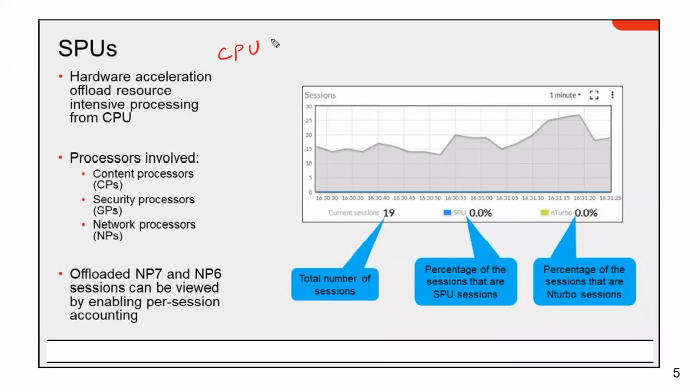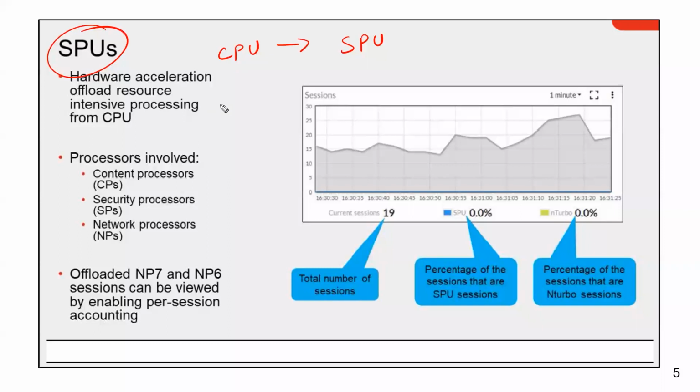Initially everything will be handled by your CPU, and it will keep on handling the traffic. But with the SPUs in the picture, the traffic goes to your CPU, and then from the CPU it goes to the right SPUs. Okay. Now SPU handles all the traffic. So the CPU remains free of all kinds of traffic, and it is ready for anything which is new.